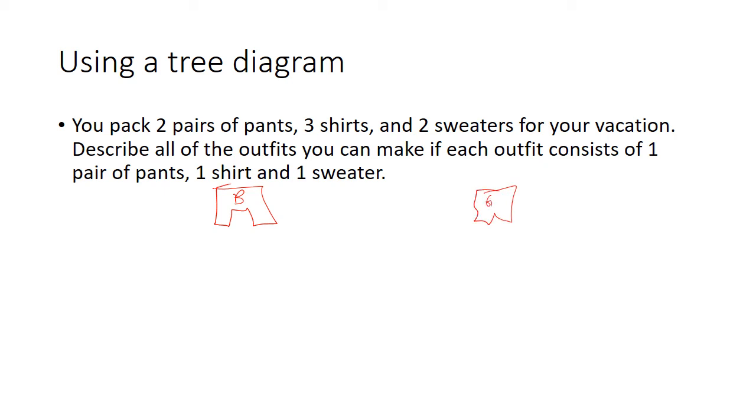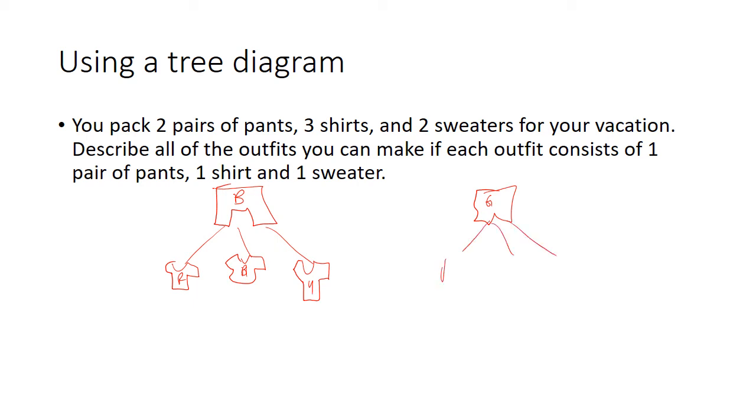All right, so we could pair our black pants with our 3 shirts. Let's say this shirt is red, and this shirt is blue, and this shirt is yellow. Right, so we would pair our green with the same 3 shirts.